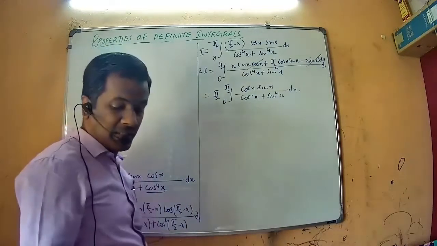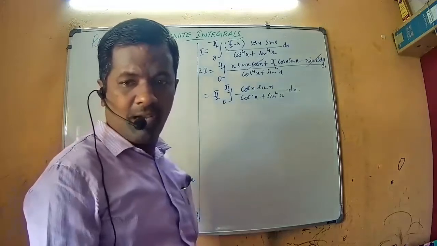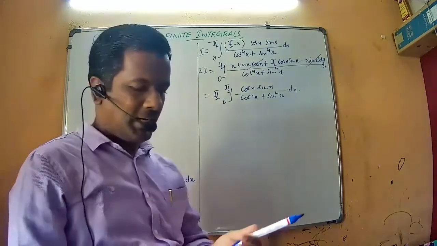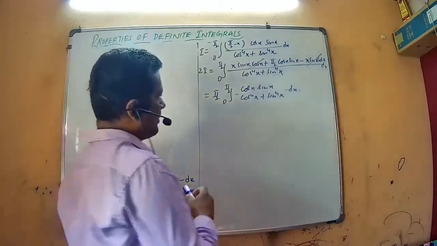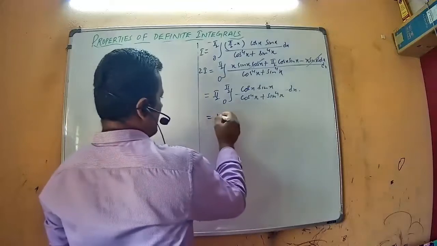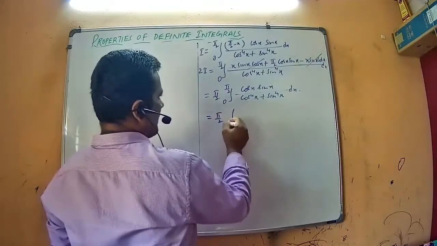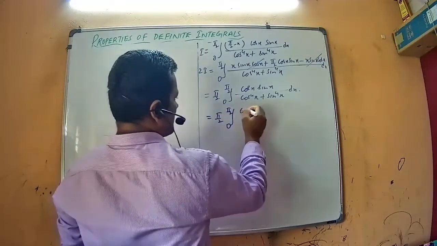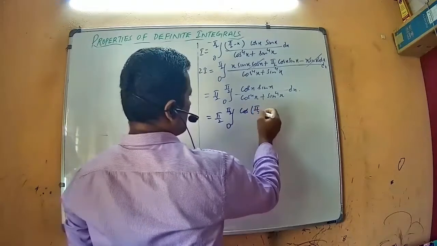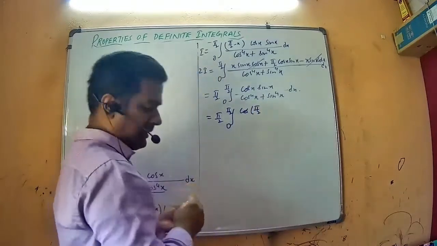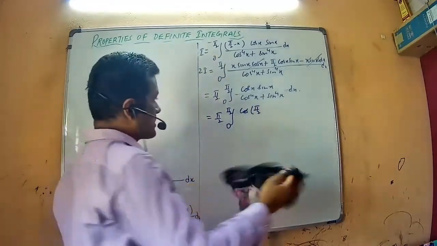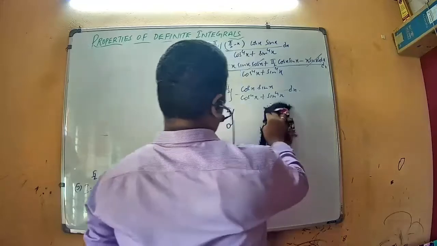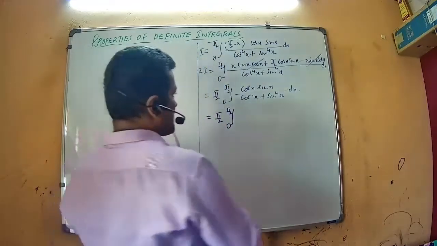Then how to evaluate this integral? Here, there's no need to apply the property again. We do one thing: take cos power 4x common initially.